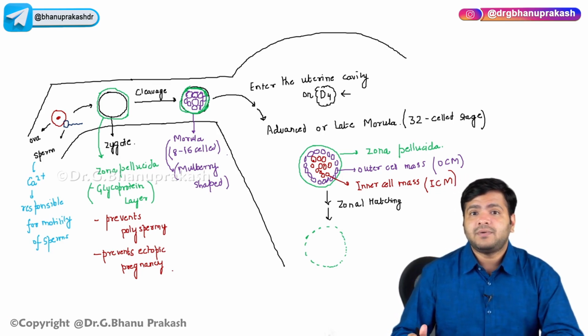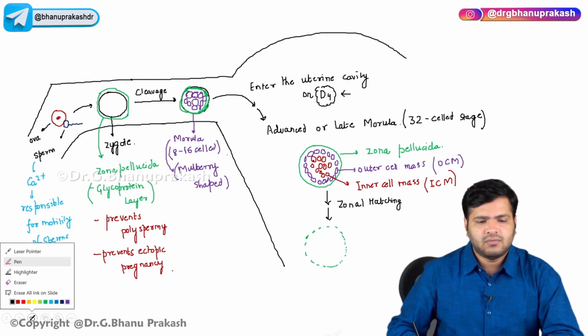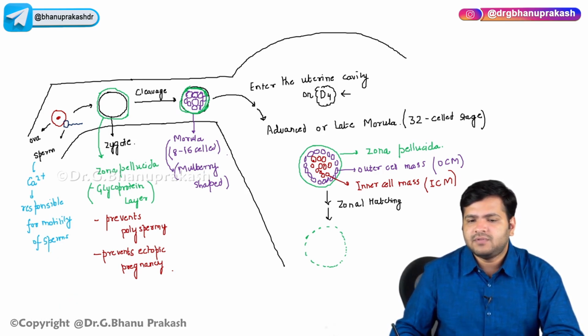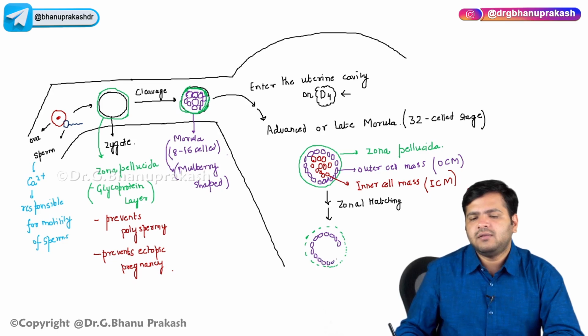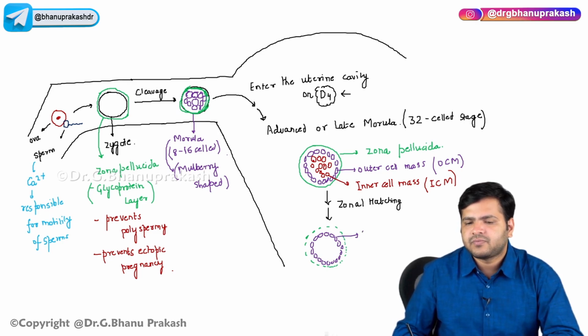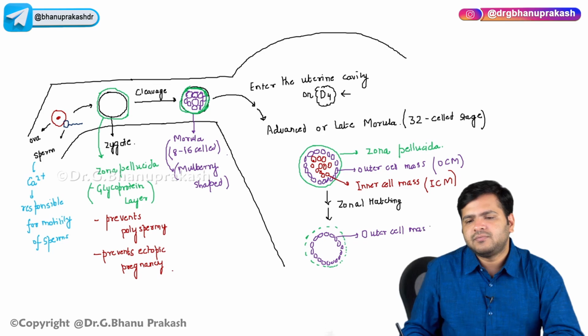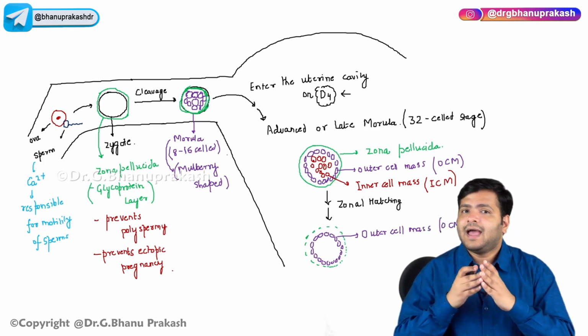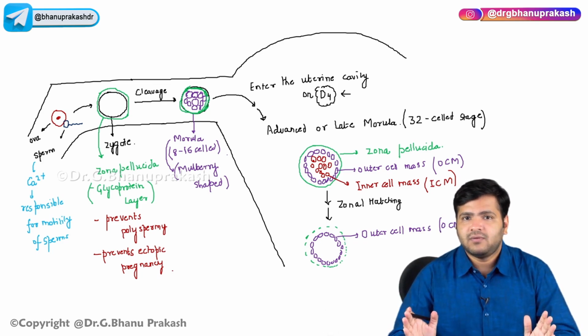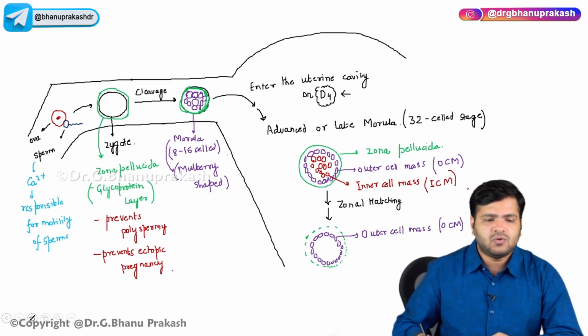The uterine fluid will go into it. At the periphery we already have the outer cell mass, the OCM. And as soon as the zona pellucida breaks, the uterine fluid will go inside.